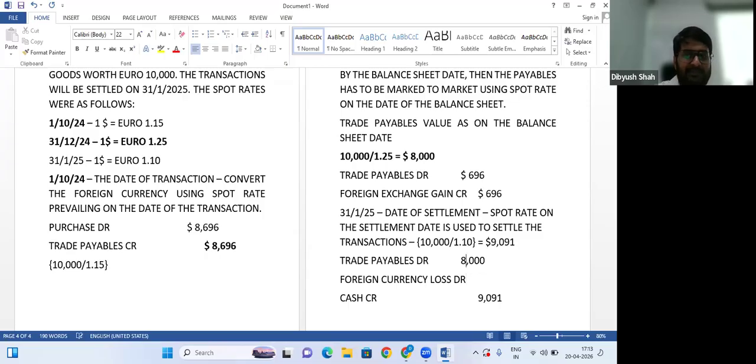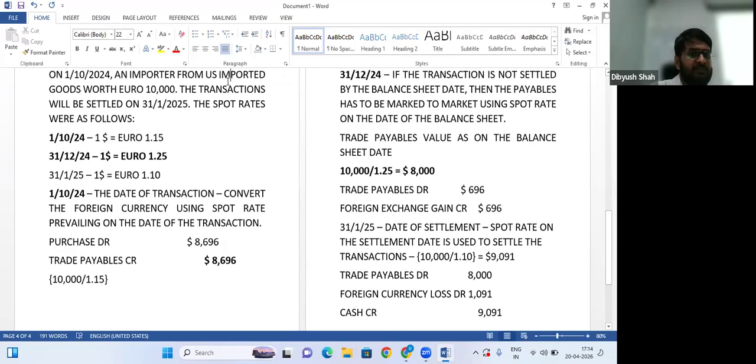Debit, the balancing figure, 1110. This is it about foreign currency transactions. There is nothing more here. Is it clear? Now please note it down.